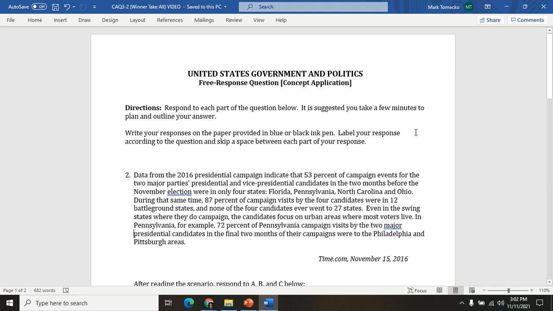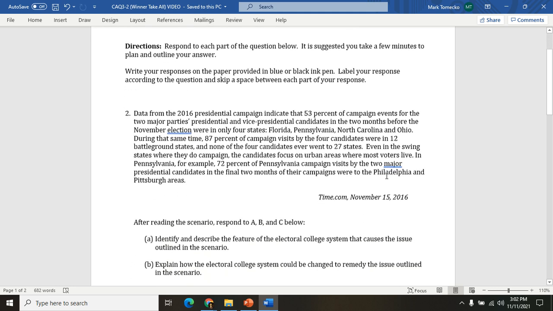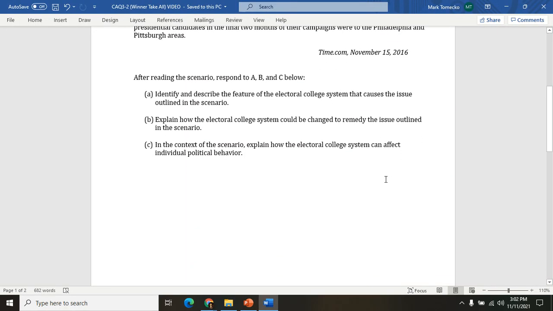So here right now you see the passage, but if you paid attention, I told you, do not read this first. Ignore this for a minute. Let's skip past it and look at the questions themselves. So you'll see that in part A, it asks you to identify and describe the feature of the Electoral College system that causes the issue outlined in the scenario.